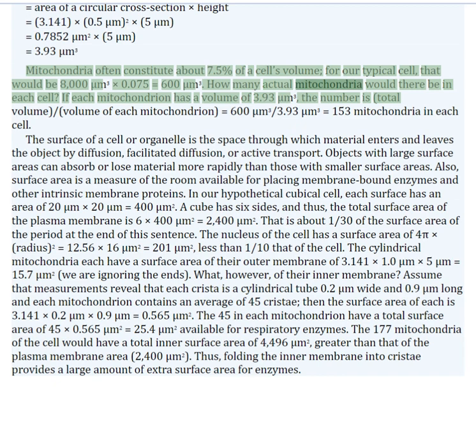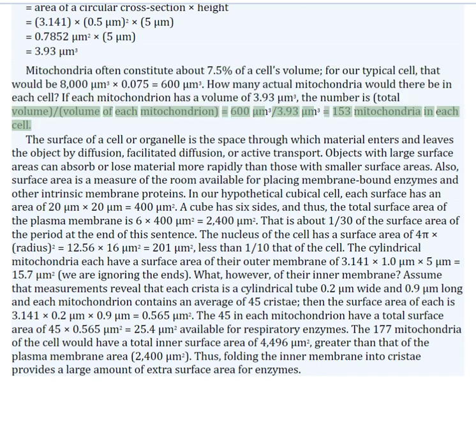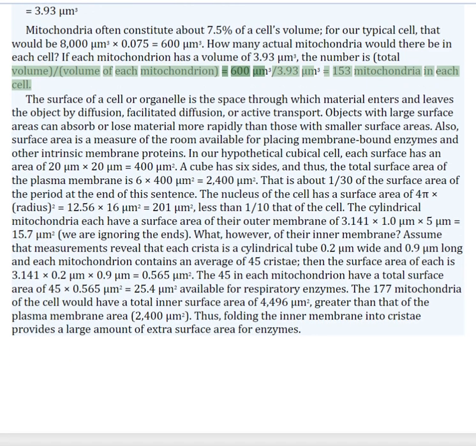How many actual mitochondria would there be in each cell? If each mitochondrion has a volume of 3.93 micrometers cubed, the number is total volume divided by volume of each, equals 600 micrometers cubed divided by 3.93 micrometers cubed, equals 153 mitochondria in each cell.